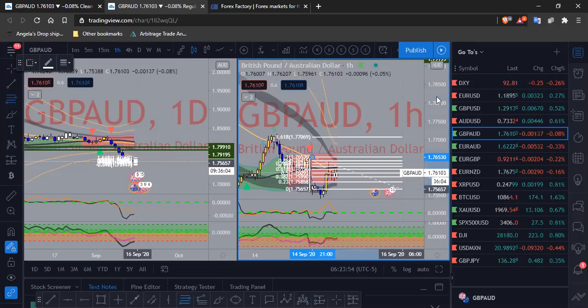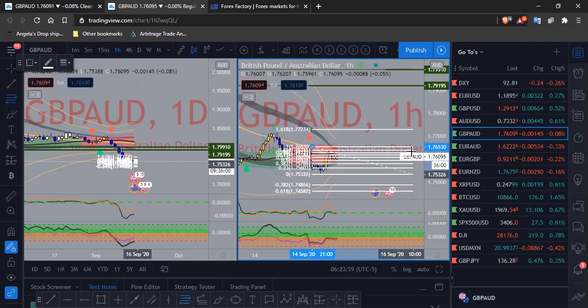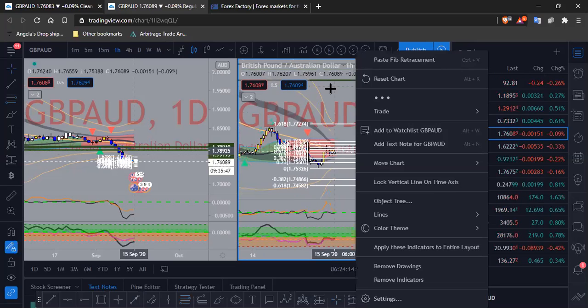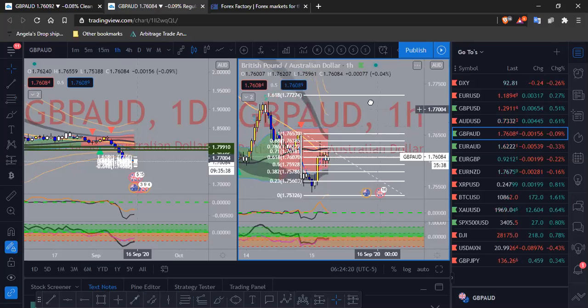Hold on. What the heck? Oh, of course. I'm pretty sure just off of this engulfing move.